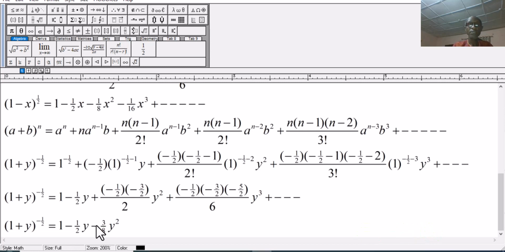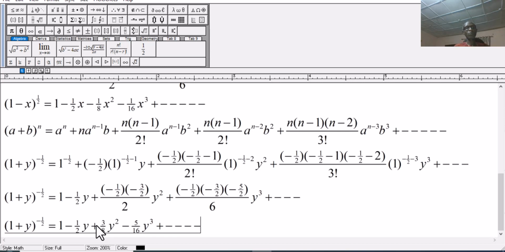Then this becomes plus, this is plus, not minus. So then the 3 cancels out, and we have minus 5 over 16 y cubed. So this is what we have for the expansion of this.